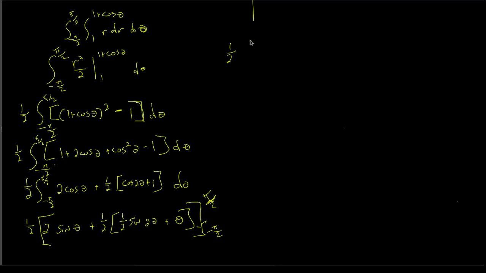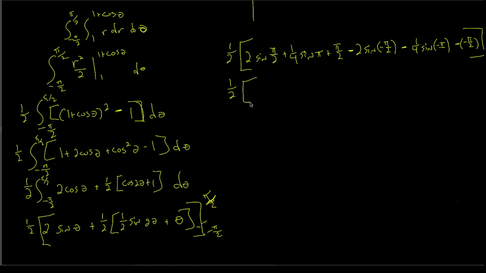So that means we're going to have 1/2, 2 sine pi over 2 plus 1/4 sine pi plus pi over 2, minus 2 sine negative pi over 2, minus 1/4 sine negative pi, minus pi over 2.